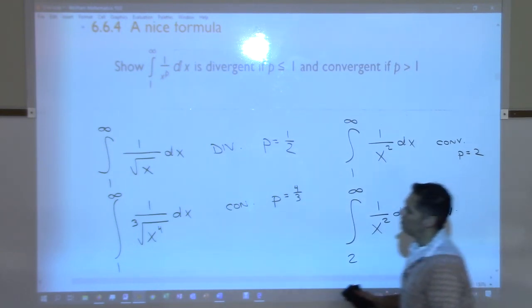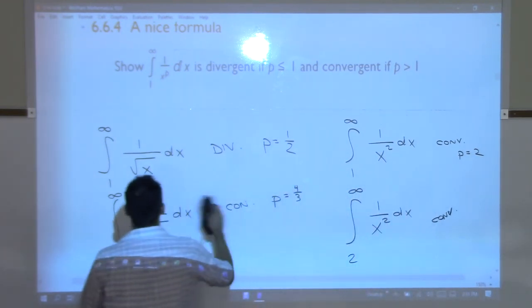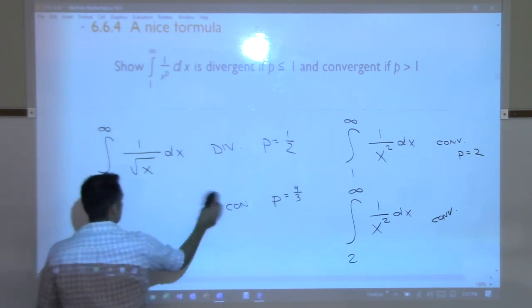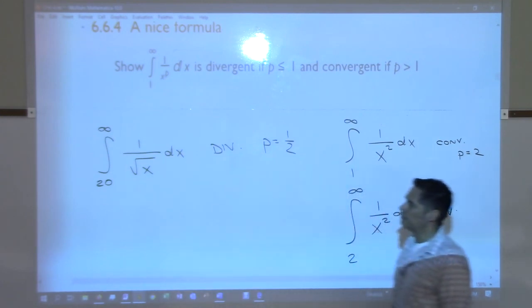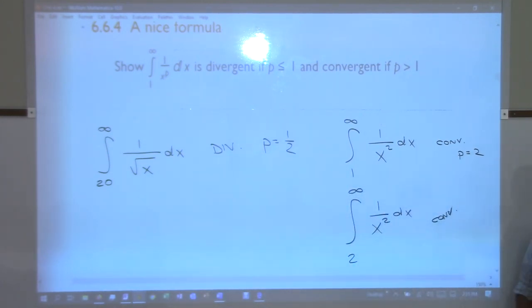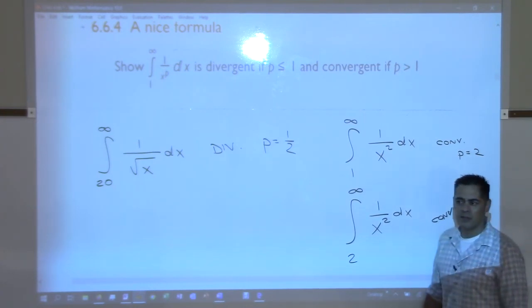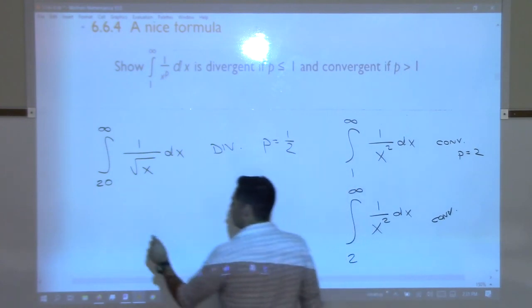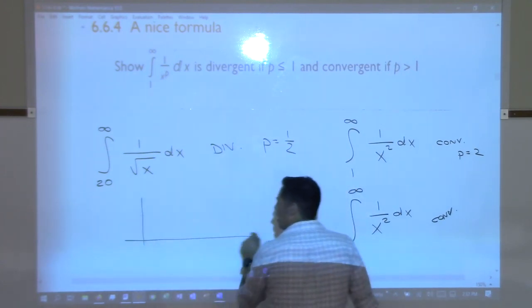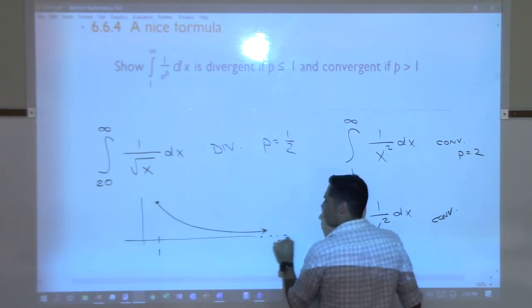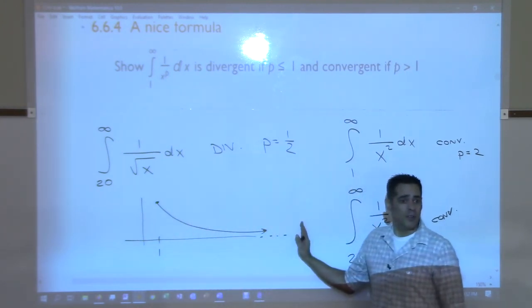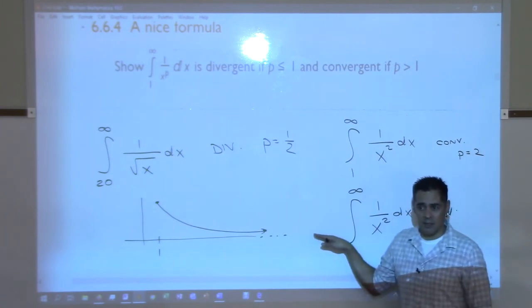How about this? What if we do, where's a divergent one? What if we do this? 20 to infinity of a divergent one. Do you think it still diverges? Yeah, because the way you look at this is as follows. We know if you go from 1 to infinity, it diverges, which means this thing becomes infinite, doesn't it?